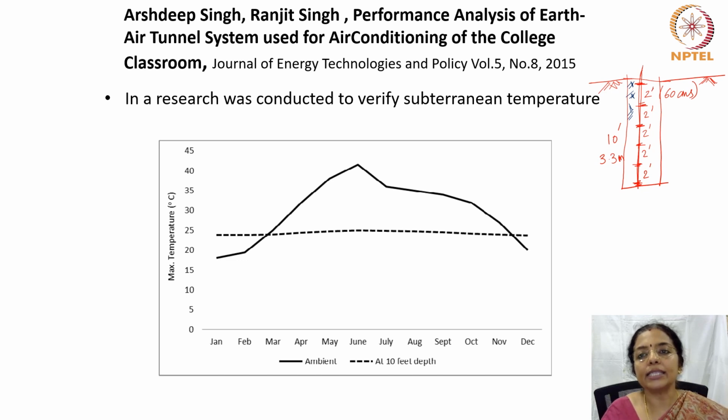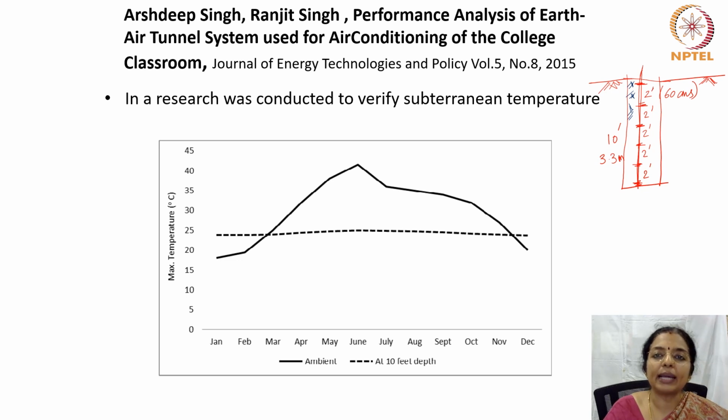So they continued doing this experiment of monitoring the temperature for a year. Small changes were ignored, and then they made a plot between atmospheric temperature and the optimum underground temperature. And this is what they found.